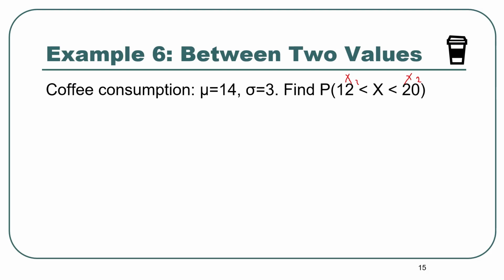So for x1, I'm going to get the z1, which would be 12 minus 14, again the x value minus the mu over the sigma, and this would be minus 0.67, while the z2, if I apply it on my x2, is going to give me 2.